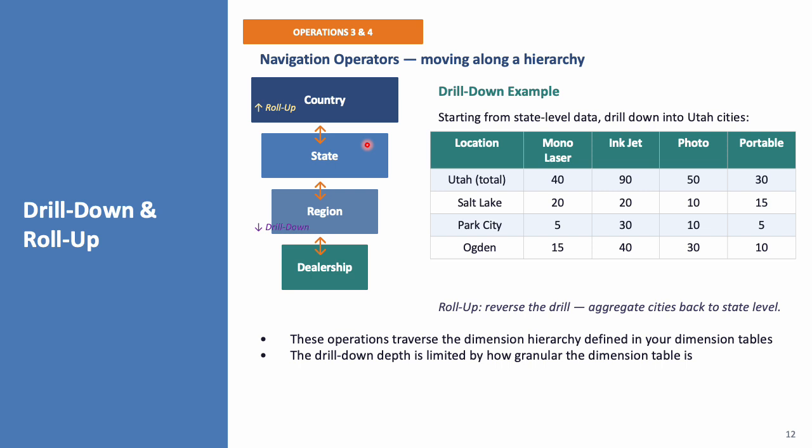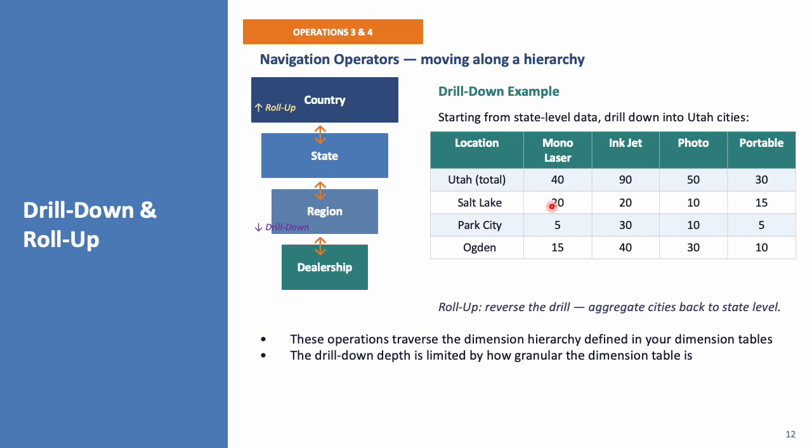In the table here, we start at the state level where Utah shows a total of 40 monolaser printers sold. When we drill down into Utah, we break that 40 into its component cities.